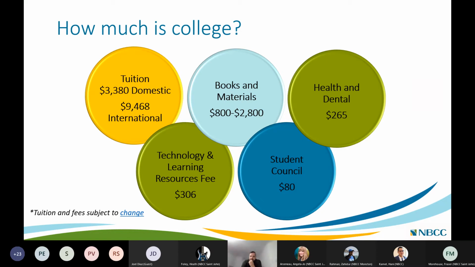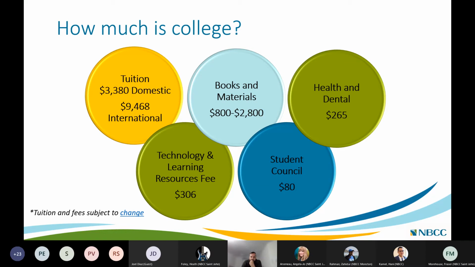Books and materials anywhere between $800 to $2,800, depending on the course you're taking. You can also have health and dental, which would be $265. I'm not sure if that is monthly. I wouldn't assume it would be monthly. I would assume that would be over the year.